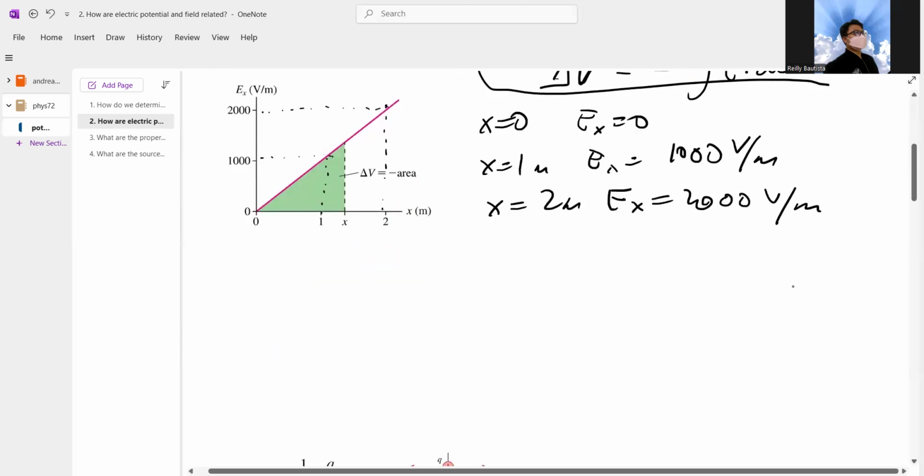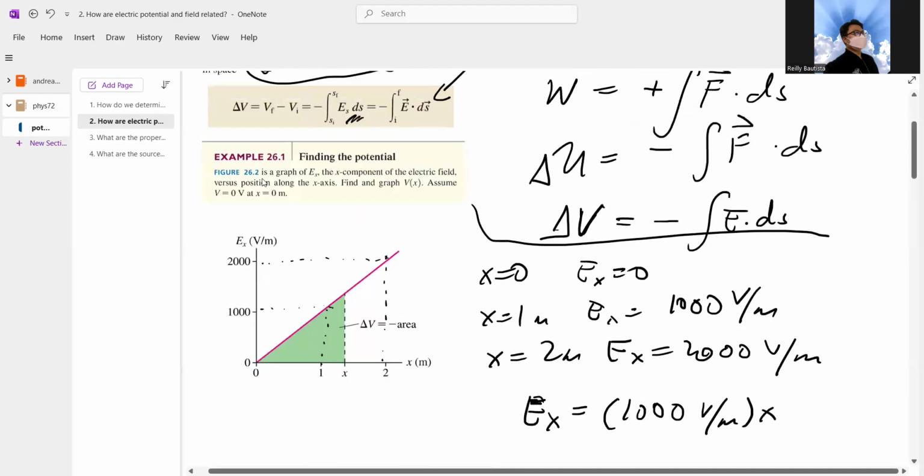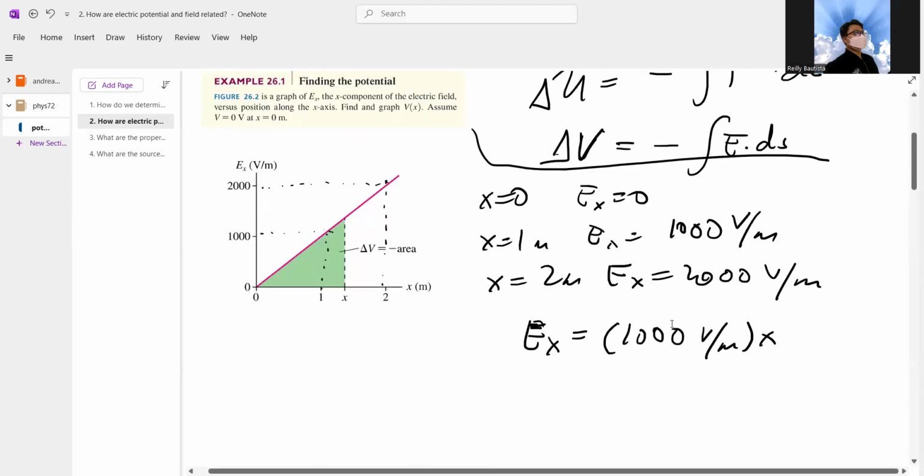So we could actually write a formula for this one. Ex is equal to 1000 volt per meter times x. To make it even more correct mathematically, we add a square here because the x is in meters, so when we multiply them, we get volt per meter.